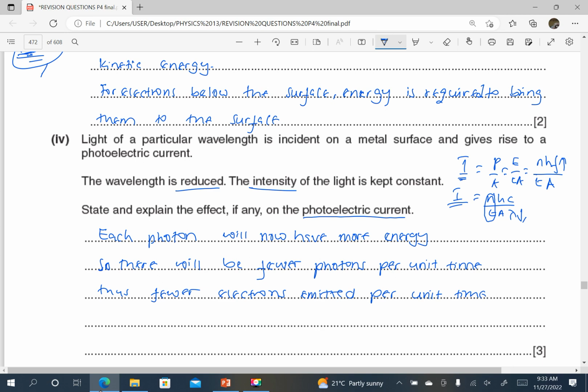And if there are fewer electrons emitted per unit time, remember the number of electrons per unit time is the photocurrent, hence there will be less current.